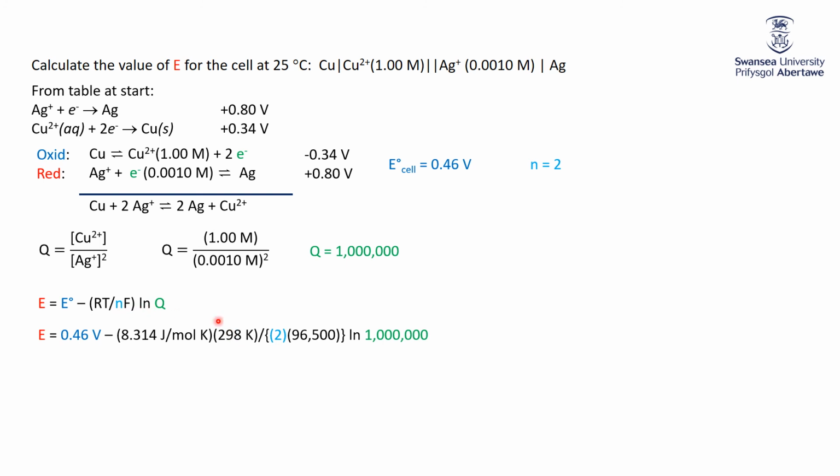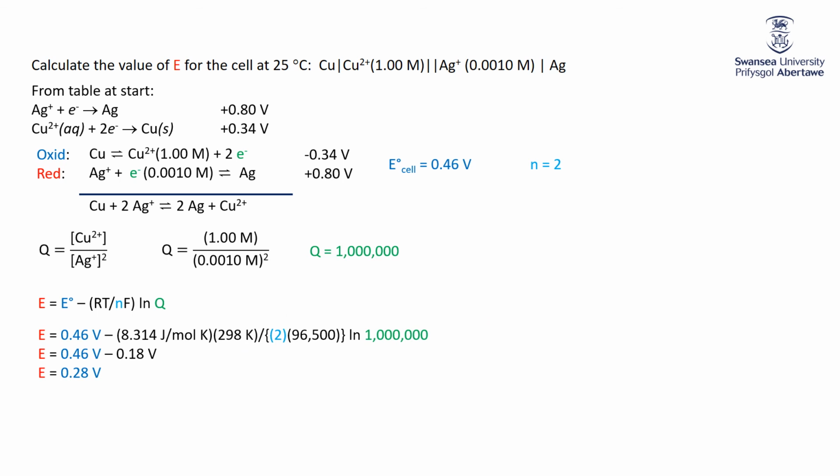N, number of moles of electrons associated with the equation, is 2, F is 96,485, times the natural log of 1,000,000. This whole thing boils down to 0.18, and so we have that the voltage here is 0.28 volts.